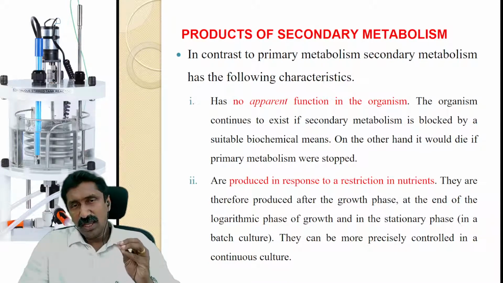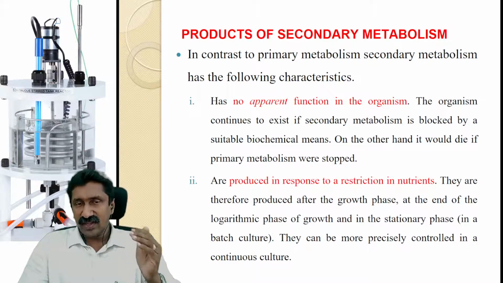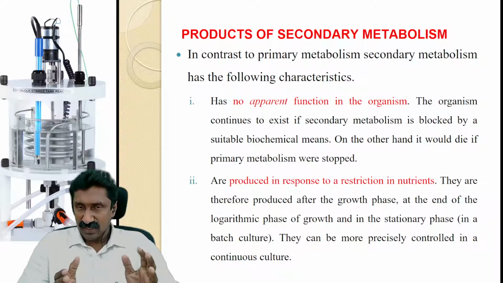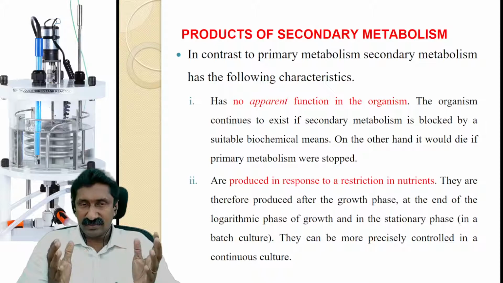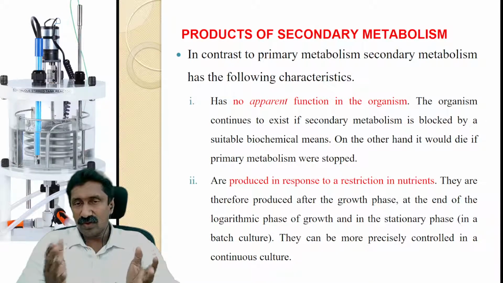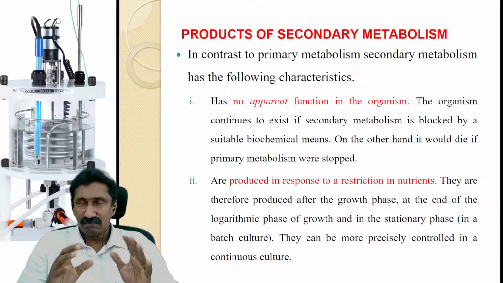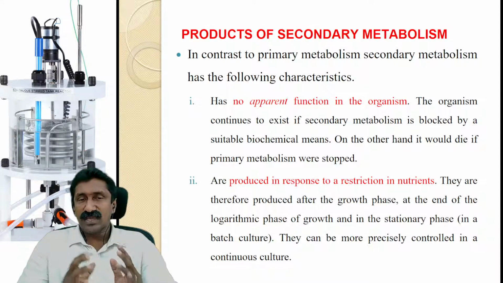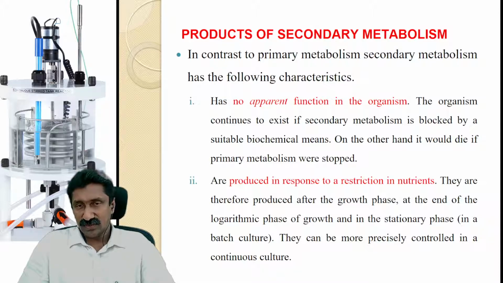They are therefore produced after the growth phase, at the end of the logarithmic phase of the growth, and in the stationary phase and decline phase in a batch culture. So that phase can be better described as the end of the logarithmic phase and the stationary phase, which can be better described as the idiophase of growth. They can be more precisely controlled in a continuous culture.